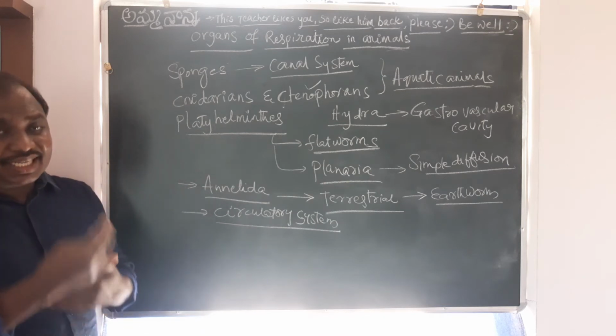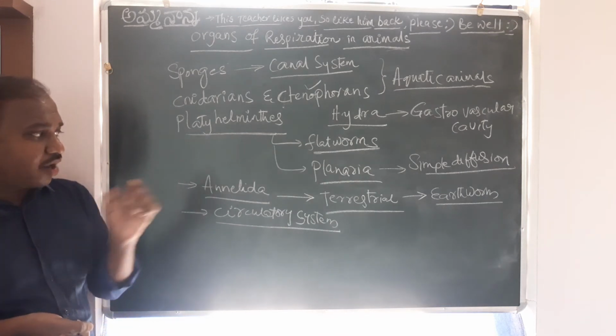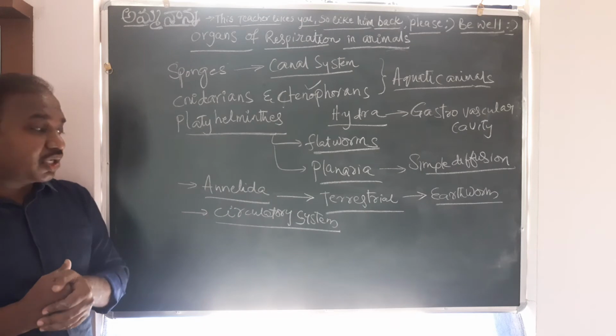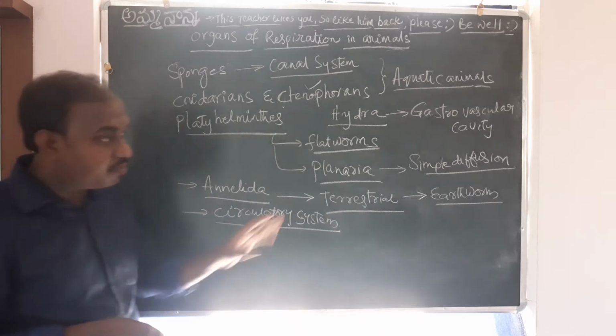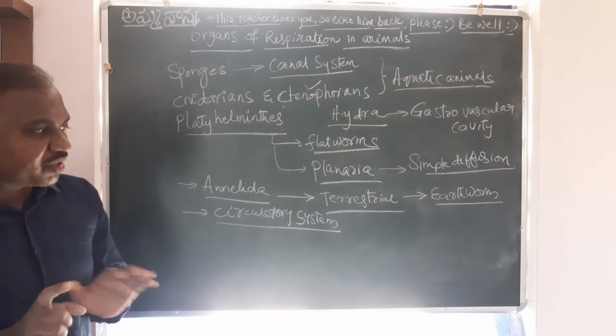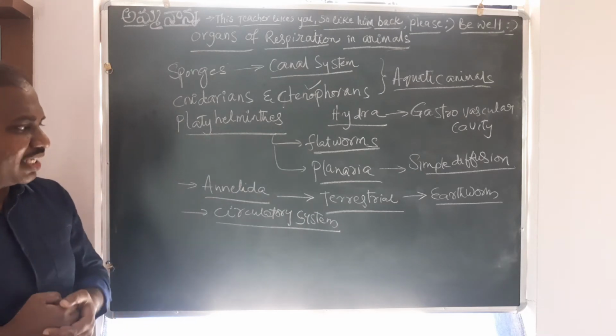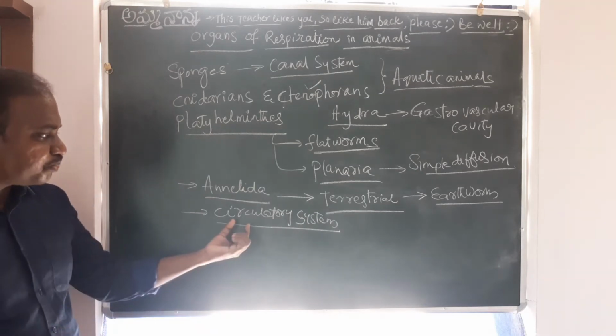Do we have any specialized organ developed in these animals, especially the earthworm, which is terrestrial? There are aquatic annelids as well, but we are not going into that now.